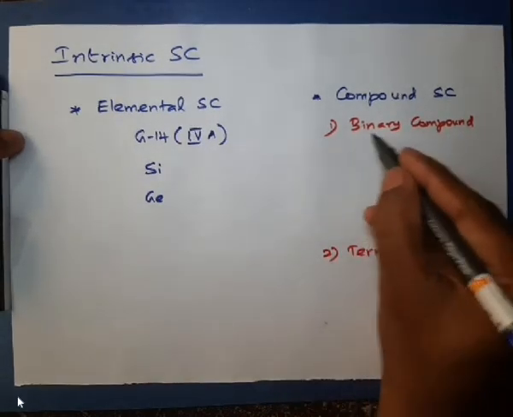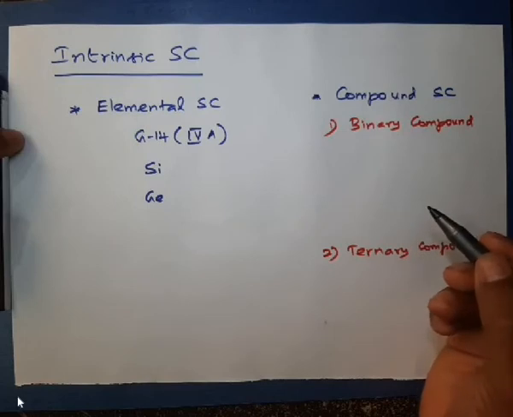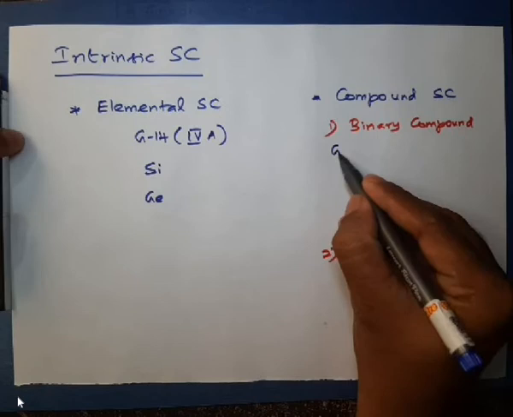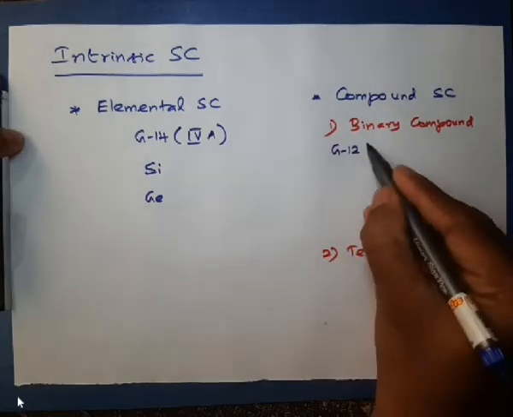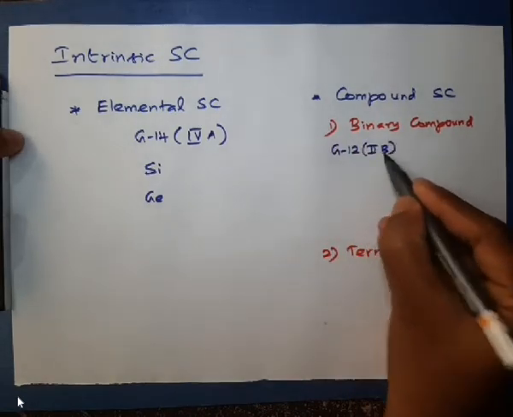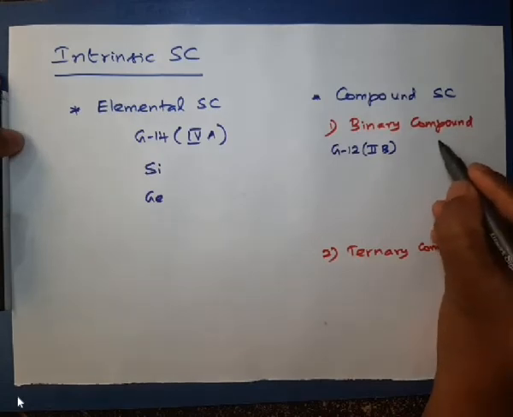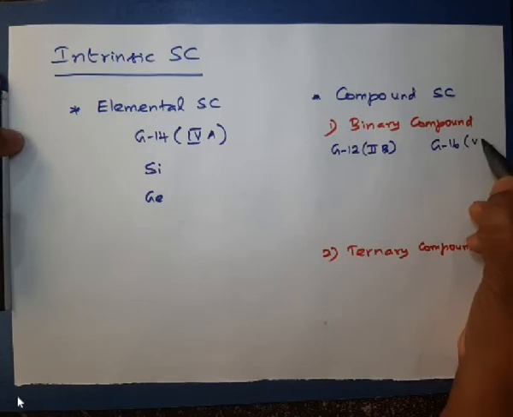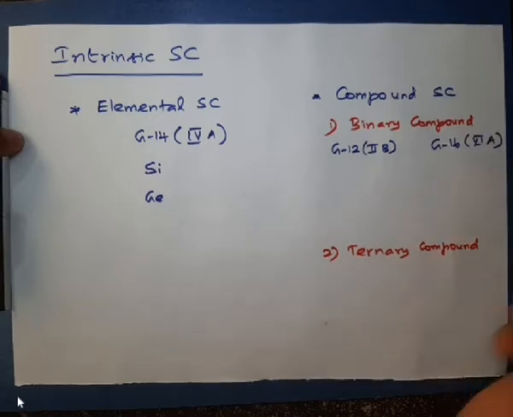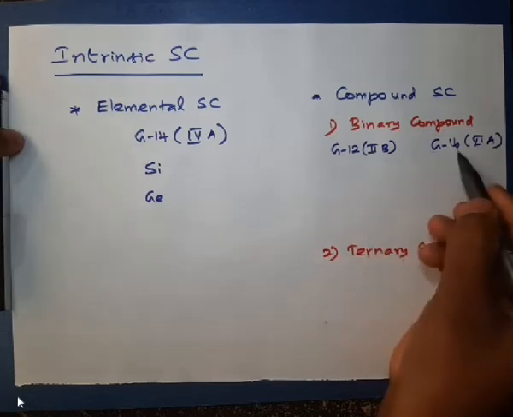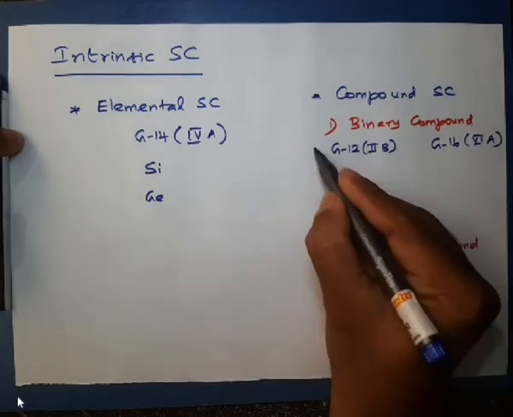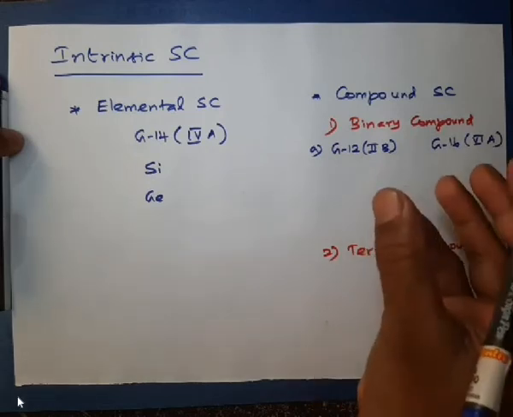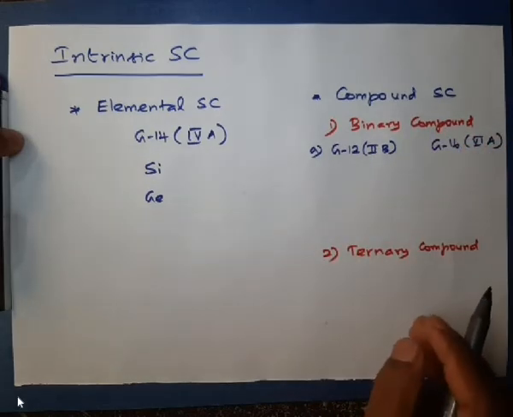So in binary compound semiconductors, the elements belonging to group 12, the old name is 2B, and group 16, the old name is 6A, when they combine, form binary compounds, and those binary compounds act as intrinsic semiconductors.